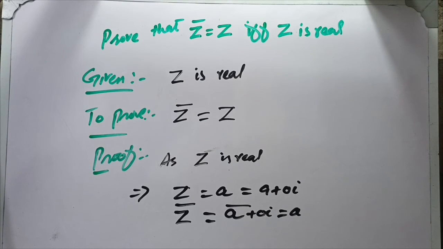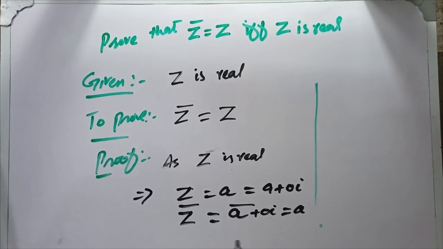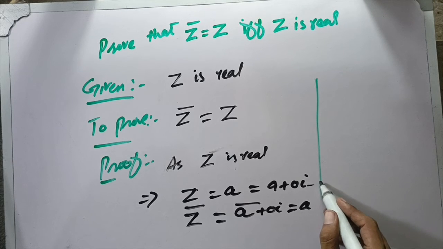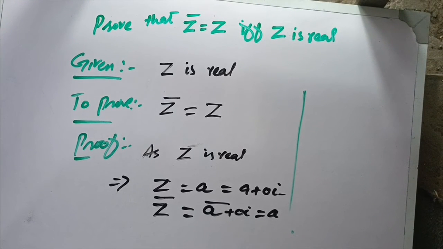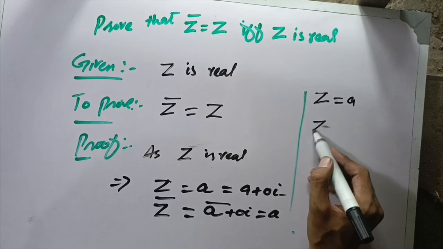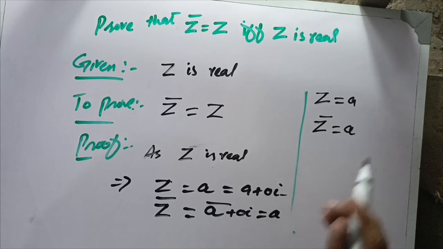So now, if we take a look at this as equation 1, let me write it here: z is equal to a, and z conjugate is equal to a.